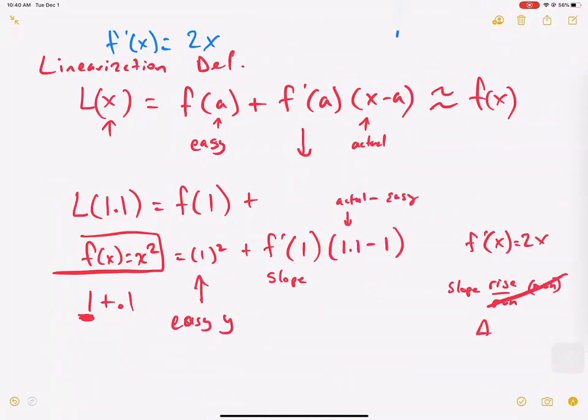That gives us our change in x. How much have you run on the slope? That will give you some type of rise, so a change in y. So our easy y point plus our change in y gives us our approximation.